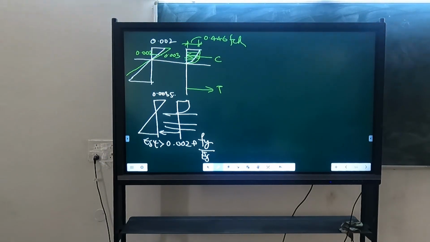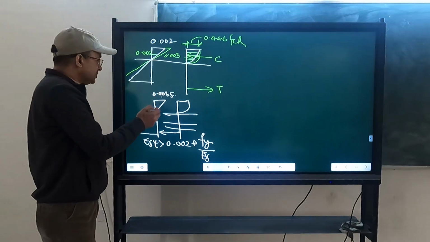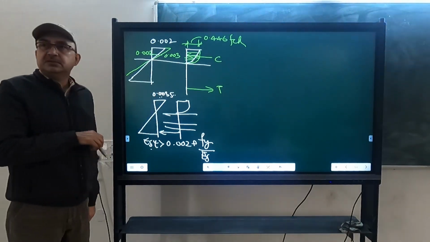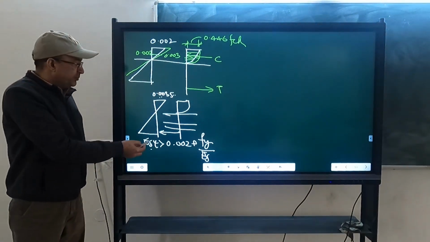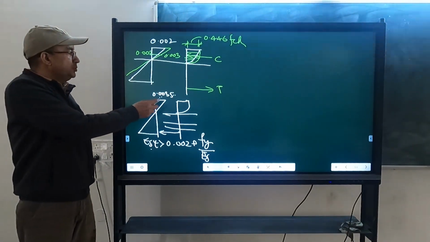P versus M interaction diagram? Because for the same strain, first of all there are two strains. One is here, another is here. So which one will you fix? We will fix the compressive strain, 0.0035.